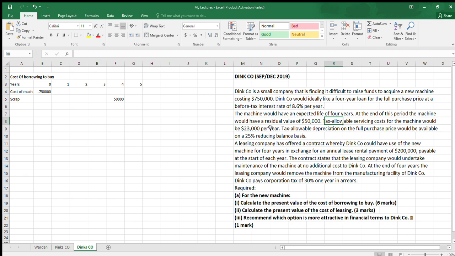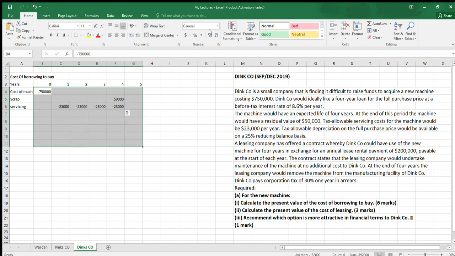So we have servicing cost. Year 1 is negative $23,000 to year 4. That's another borrowing to buy.